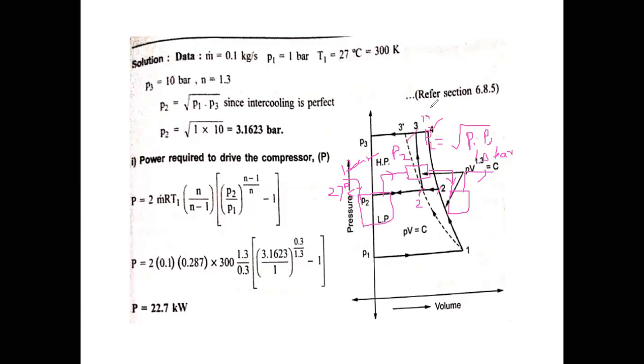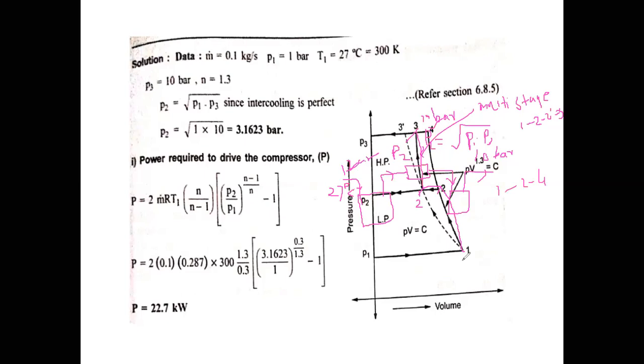Now 1, 2, 2 dash, 3 indicates the multi-stage compression, and the process 1, 2, 4 indicates the single stage.